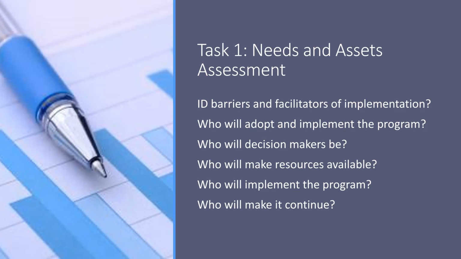Second is trying to understand who would actually use this program and actually make it happen. So implement is basically like you didn't do it before, now you're going to do it. So you're figuring out all of the things that need to happen to make it go through. And in the research setting, we have a big team of research assistants, students, and scientists thinking through all the steps that need to happen to make sure people get the program that is part of the intervention.